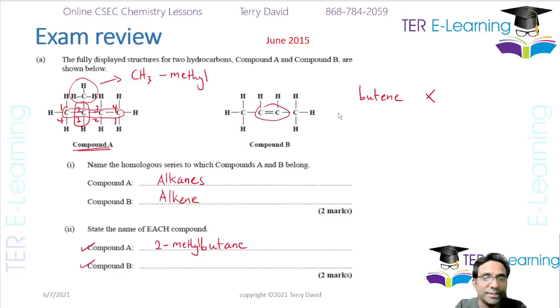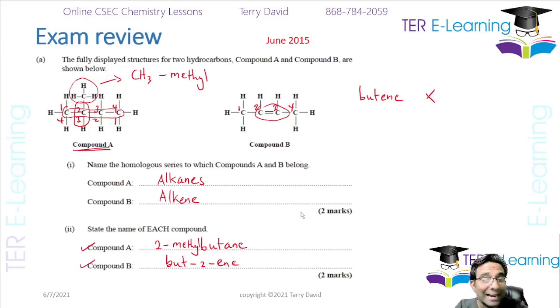What you need to do, you need to indicate the position of your double bond. So if you look carefully here, our longest carbon chain needs to be numbered. So 1, 2, 3, and 4. So the name of this compound here is actually called but, right, dash 2, because the double bond is located on my second carbon. It's but-2-ene.